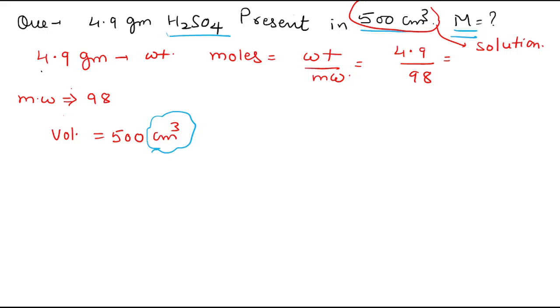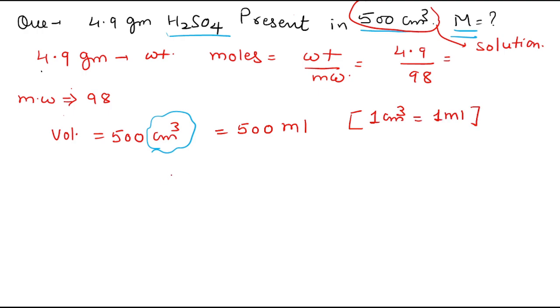Listen, the centimeter cube is just similar to the ml unit. So if the questioner is giving the volume in centimeter cube, you can write 500 centimeter cube or you can write 500 ml. Means 1 centimeter cube equals 1 ml.